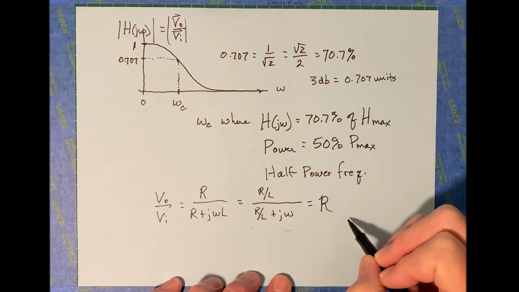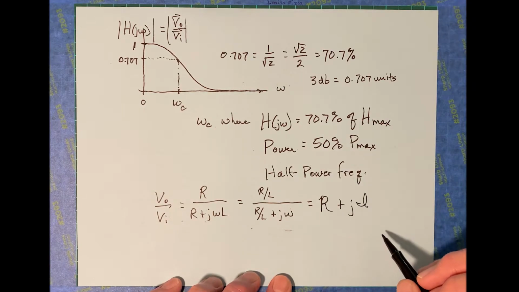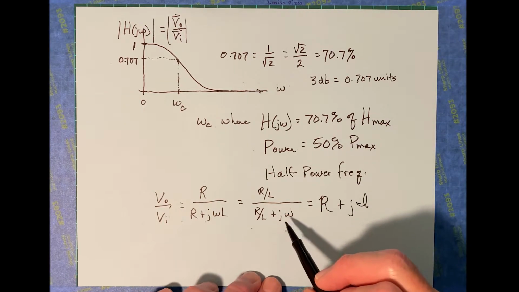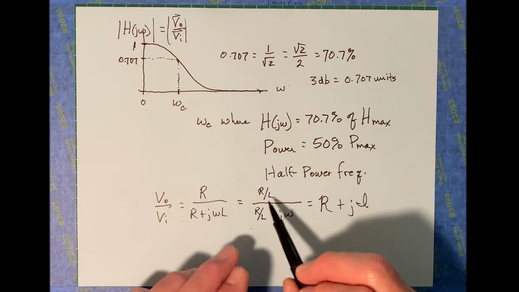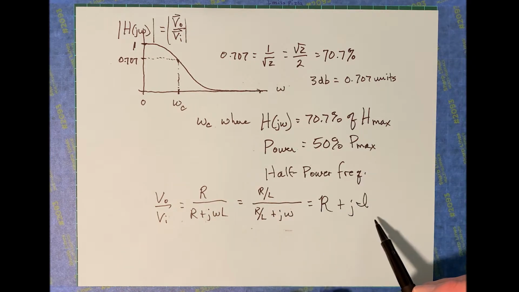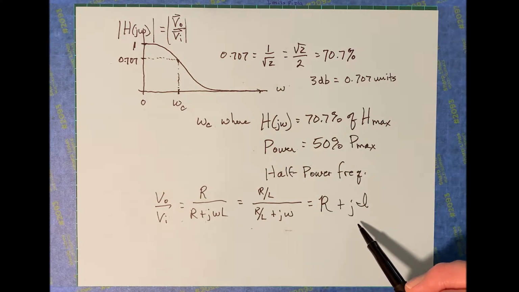You could have a real part plus a j imaginary part. With a little bit of algebraic manipulation, you could change this around where you've got the real part up front and a j omega part in the back, and it would be in rectangular form at that point. You could do that, okay?